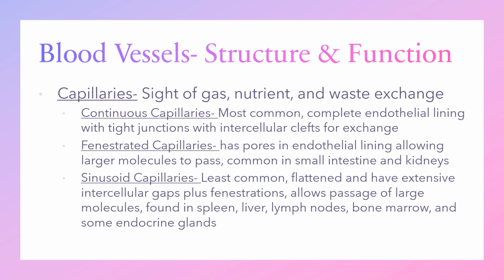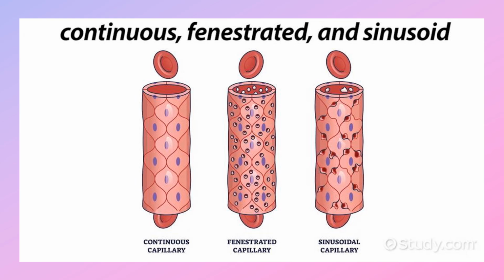On the next slide, you see the three different types. Keep in mind, some capillaries are only wide enough for one single red blood cell to pass through at one time.